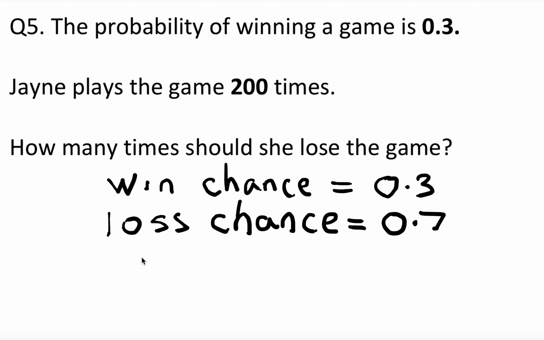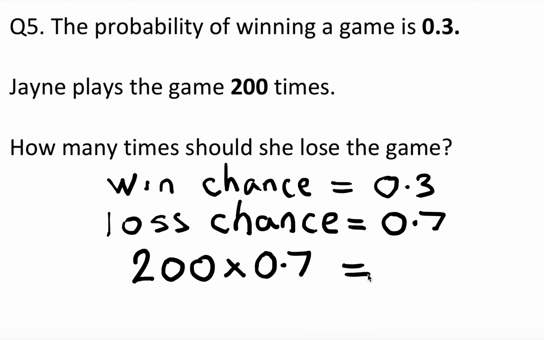How you work that out is 200 times 0.7, because that's the lose chance of one game. And what does that equal? Anybody got a calculator? The answer is 140.